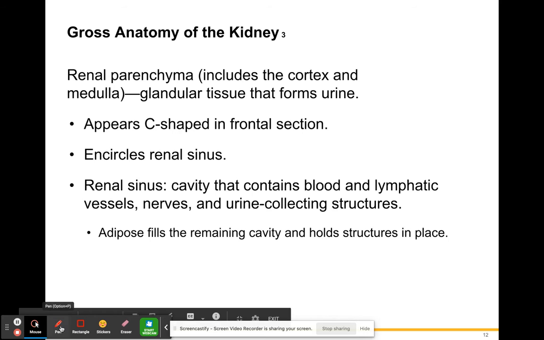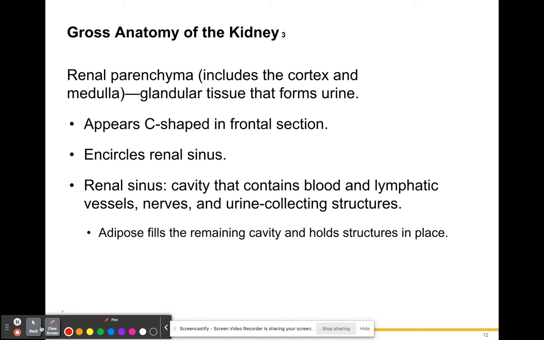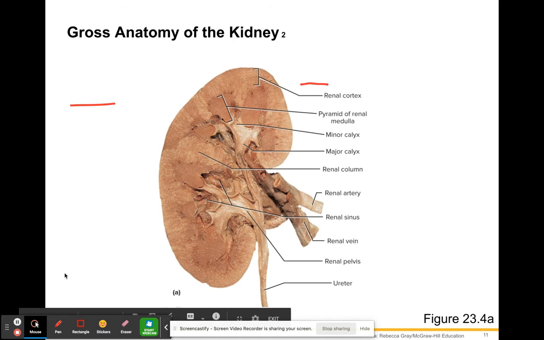Okay, so let's talk about the gross anatomy of the kidney itself. The renal parenchyma is going to be a combination of two things: the cortex and the medulla, right? So let's see if I can go back and forth between the pictures.